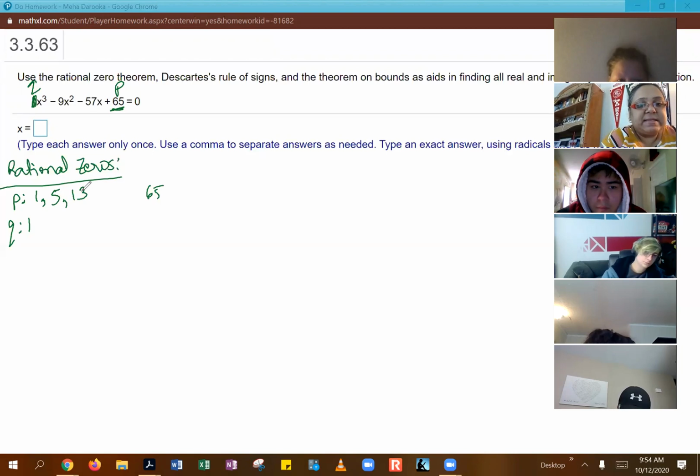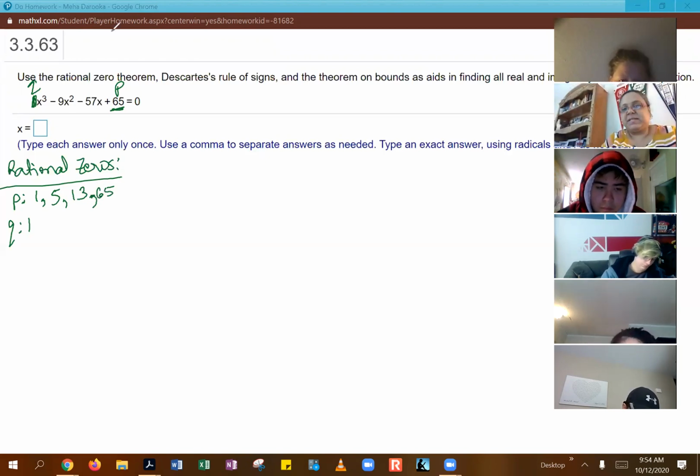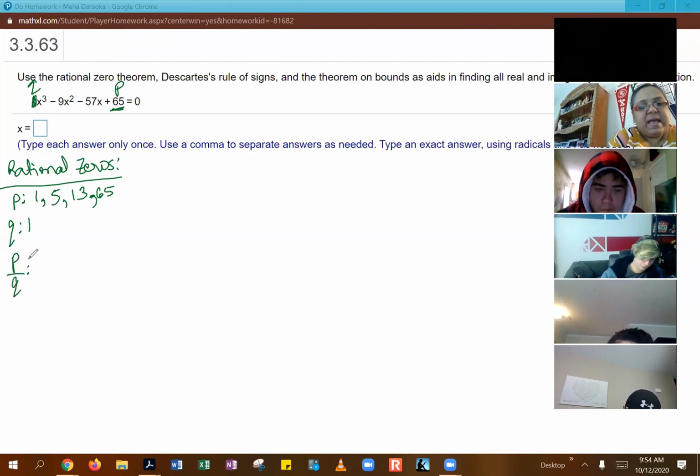So this is kind of nice that we don't have too many options that we have to worry about. So 4 numbers from 65, and then since q was 1, we just had 1. So remember, this is where we do p divided by q. And since we would be dividing everything by 1, you will have 4 numbers, but then with the plus or minus sign, remember, you will end up getting double the options.